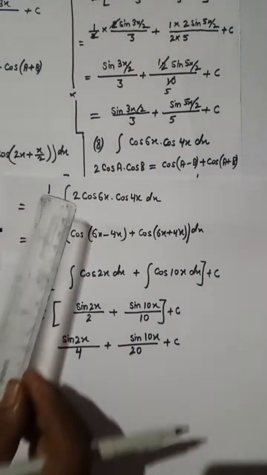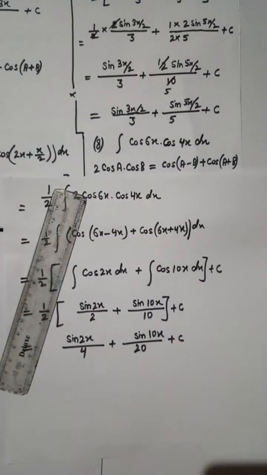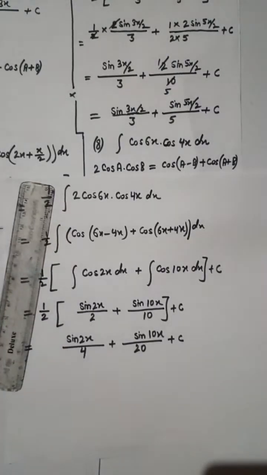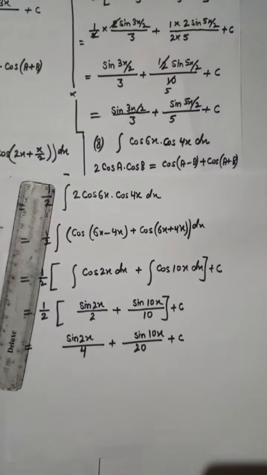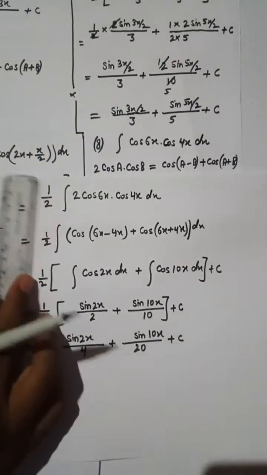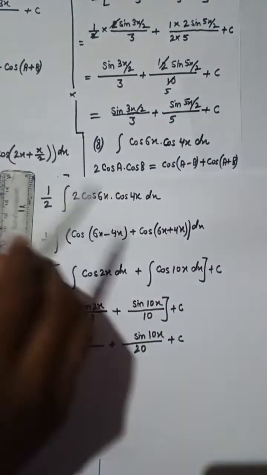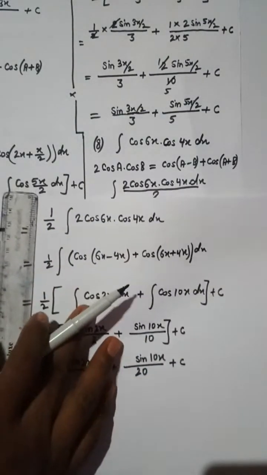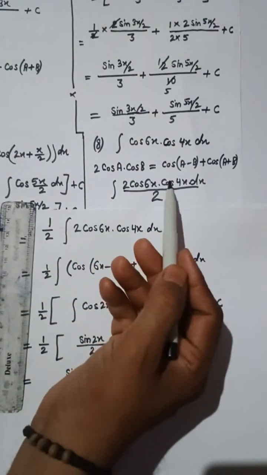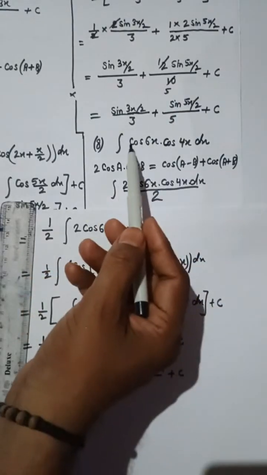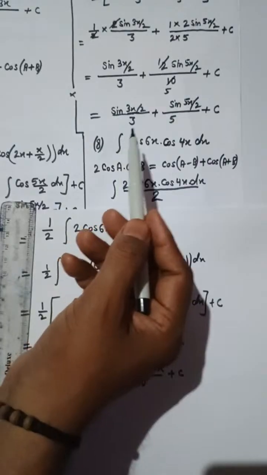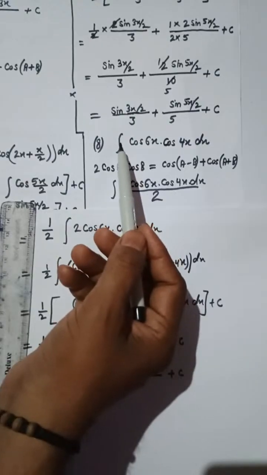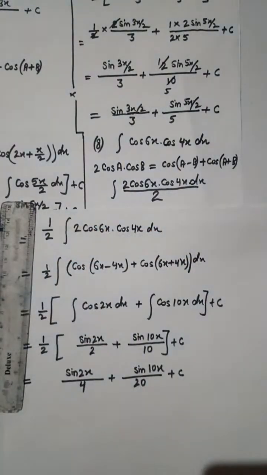If you are watching my video, you can learn how to do integration by transformation, this technique, because I have used a lot of examples here to solve. 2 cos a into cos b is equal to cos a minus b plus cos a plus b. I have used this one, integration of cos 6x into cos 4x into dx by 2. Why? Because 2 is not there. I need to multiply here and divide by 2, so that multiplying and dividing will not make any kind of alteration in the given term.